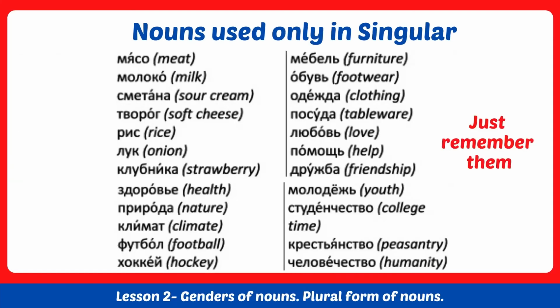Some nouns are used only in singular. You just need to remember them. Мясо, молоко, сметана, творог, рис, лук, клубника, здоровье, природа, климат, футбол, хоккей, мебель, обувь, одежда, посуда, любовь, помощь, дружба, молодежь, студенчество, крестьянство, человечество.